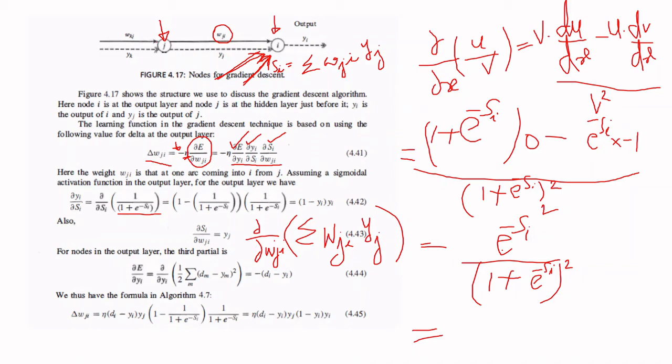J is what is varying. So we said w_ji is the weight from j to i, where i is the output, right? Now w_ji into y_j is the output from the jth node.